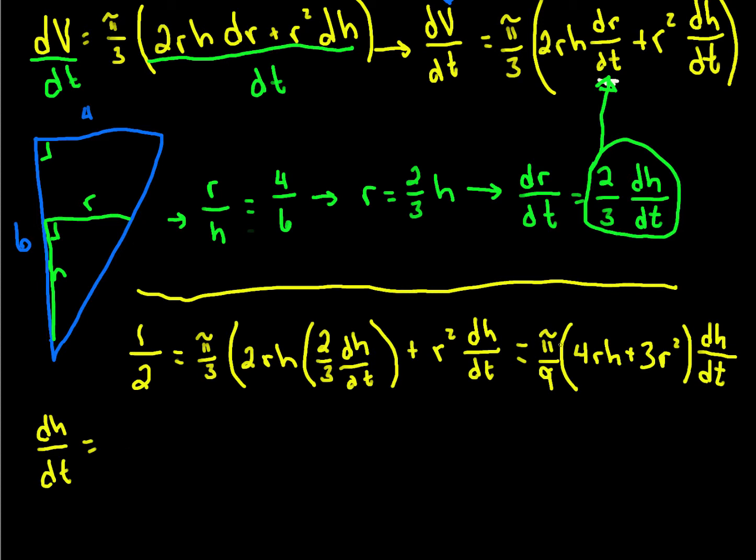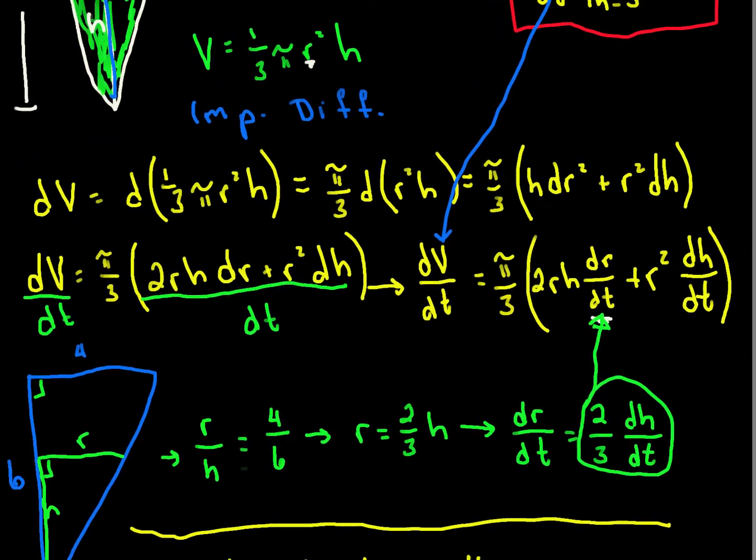And so I'm going to multiply both sides by this. It is going to be 9 over the quantity 2 pi times 4rh plus 3r squared. And there's my equation for dh/dt. Great, I finally arrived at an equation.